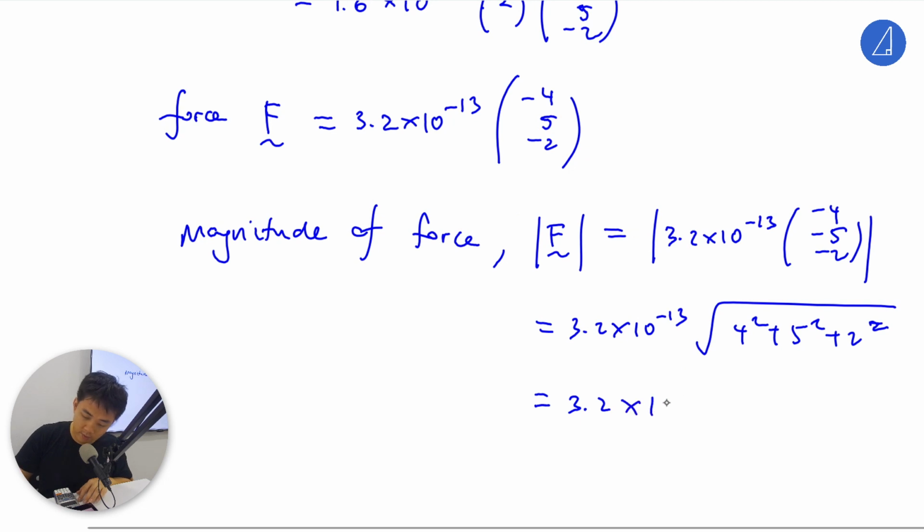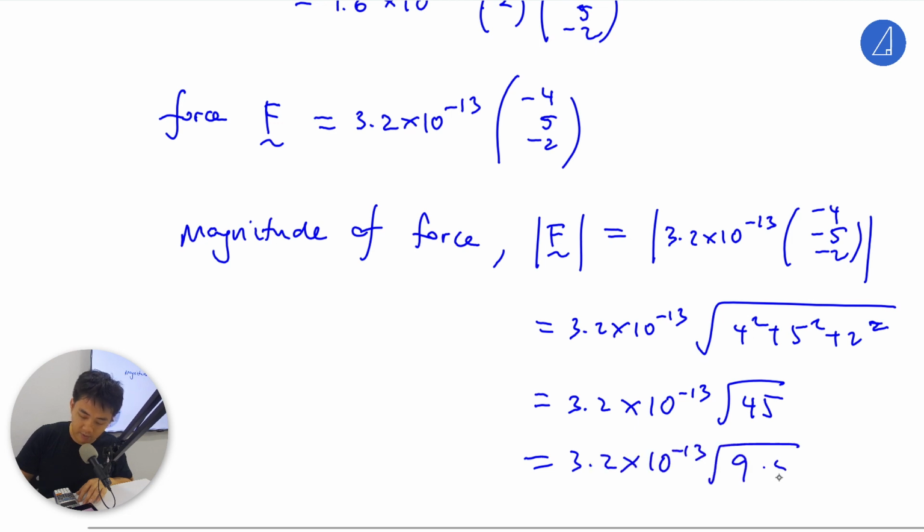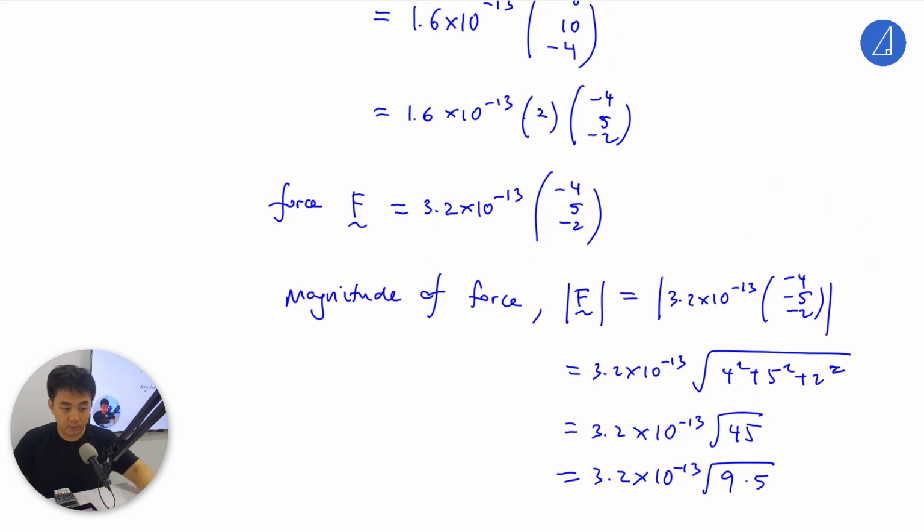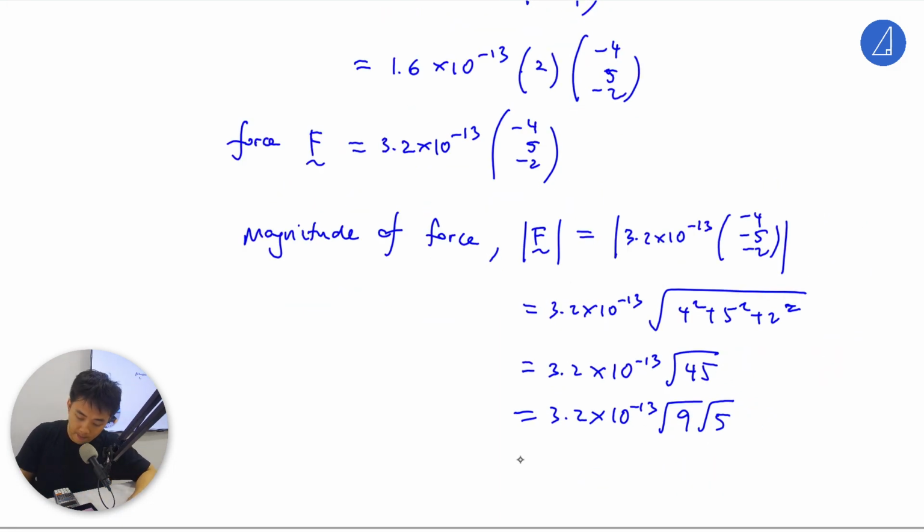So the square root of 45 is the square root of 9 multiplied by 5, so this is 3 root 5. 3 multiplied by 3.2 is 9.6 root 5 times 10 to the power minus 13.